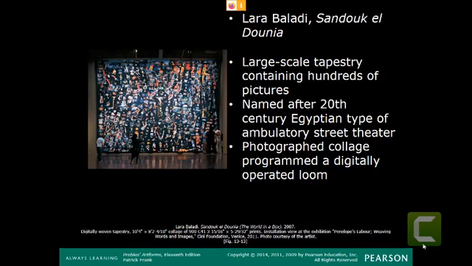And in order for this tapestry to be created, it was actually created using a photographed collage that was programmed on a digitally operated loom. So there's actually looms that are digital now, so it can basically create pictures or create photographs.